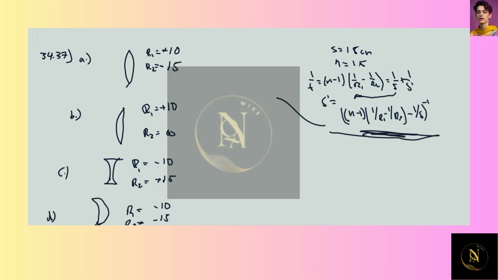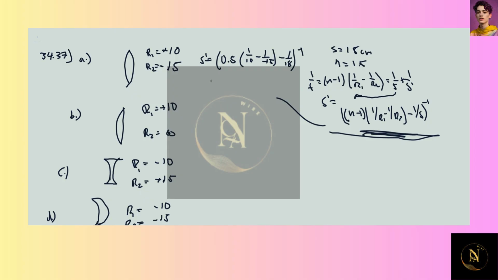So we just have to plug into our equation right here. For part A, s prime equals 0.5, because that's 1.5 minus 1, times 1 over 10 minus 1 over negative 15. Then let's subtract off the rest, 1 over the object distance, and inverse it.